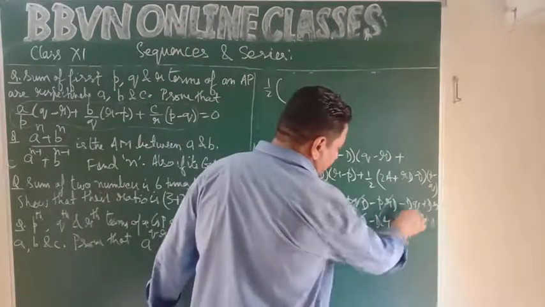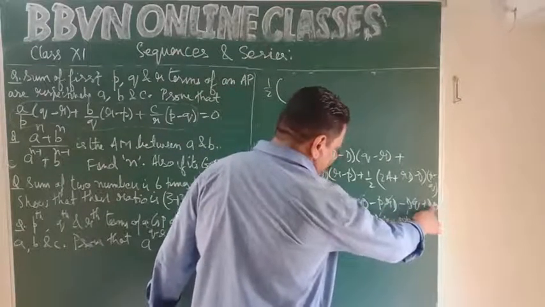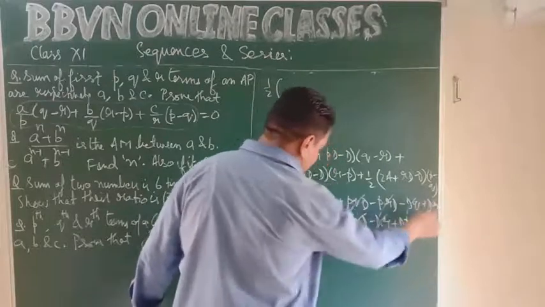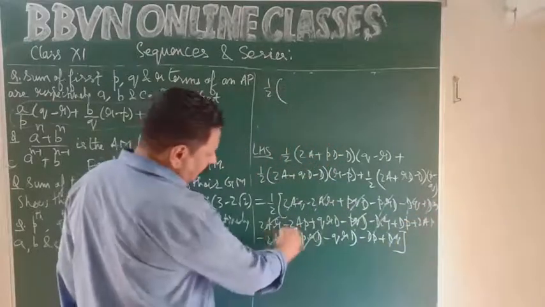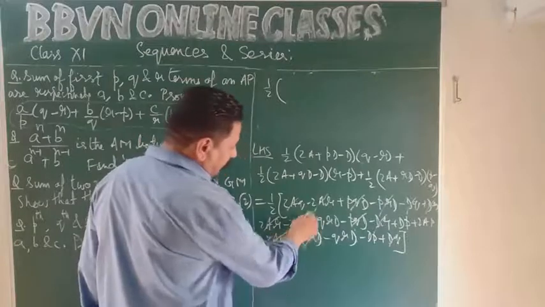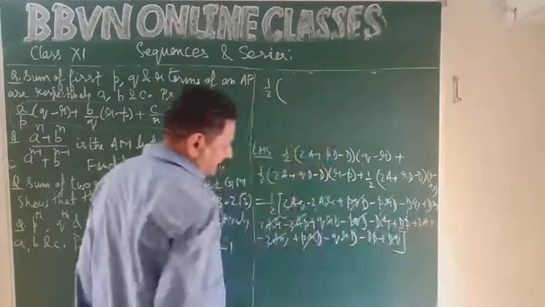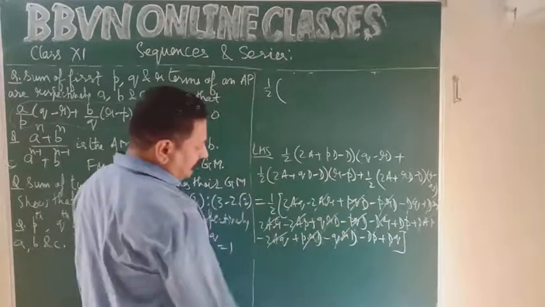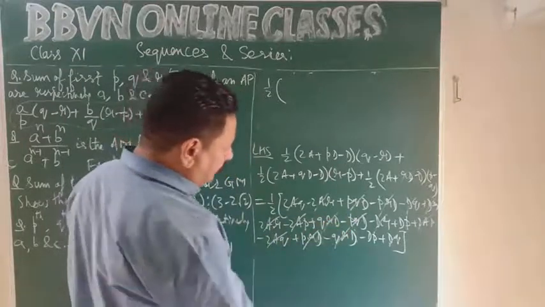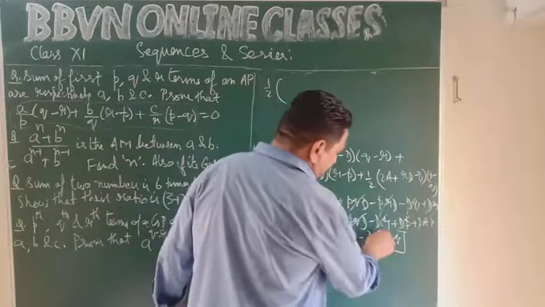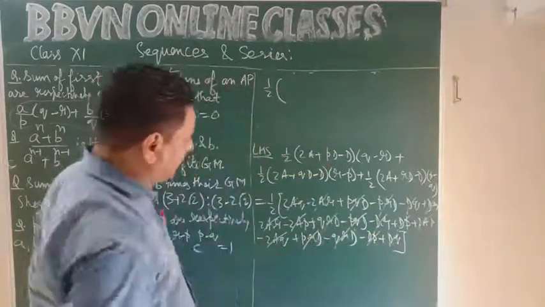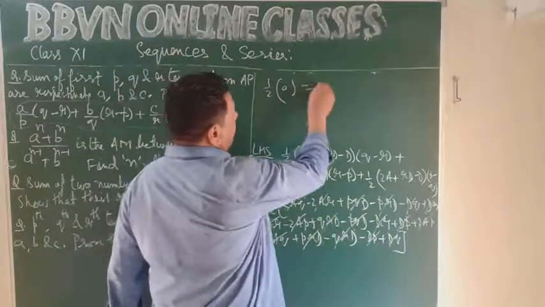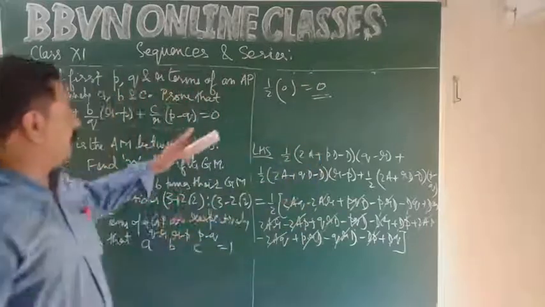Minus DQ plus DQ cancel. Positive DR minus DR cancel. Minus 2aP and plus 2aP cancel. Plus QRD minus QRD cancel. All the terms have been cancelled. Plus DP minus DP, all the terms have been cancelled. Half into 0 is equal to 0. This is what your RHS is.